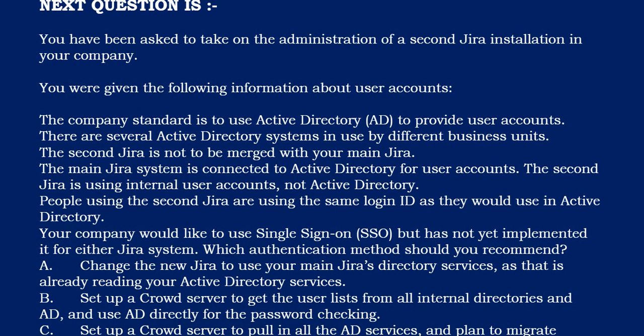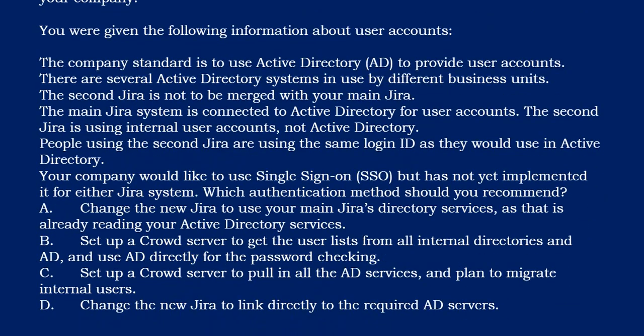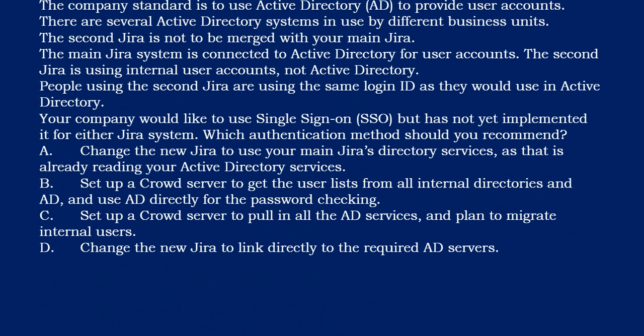Which authentication method should you recommend? Option A. Change the new Jira to use your main Jira directory services, as it is already reading your Active Directory services. Option B. Set up a Crowd server to get the user list from all internal directories and AD, and use AD directly for password checking.